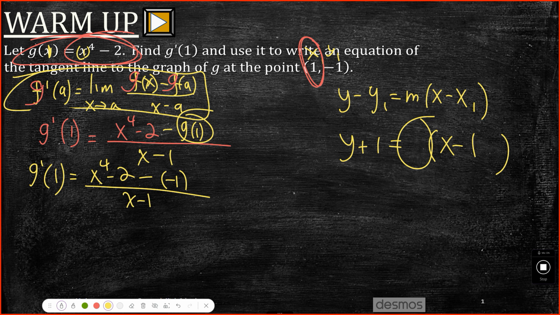So this is going to be x to the fourth, and then minus 2 minus a negative 1, which makes it plus 1. So minus 2 plus 1 is negative 1. Then we got x minus 1, with the limit as x approaches 1.